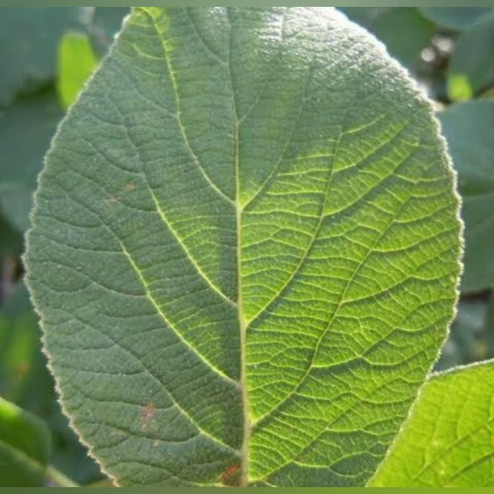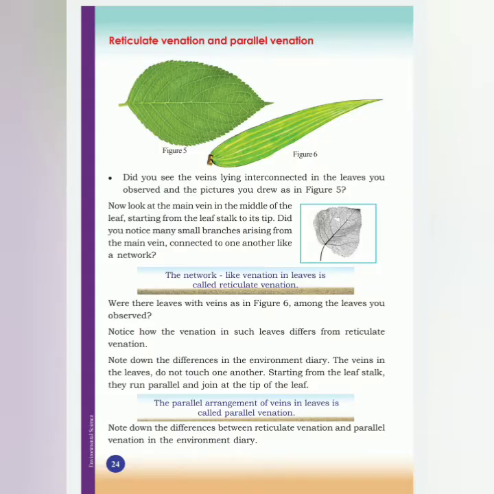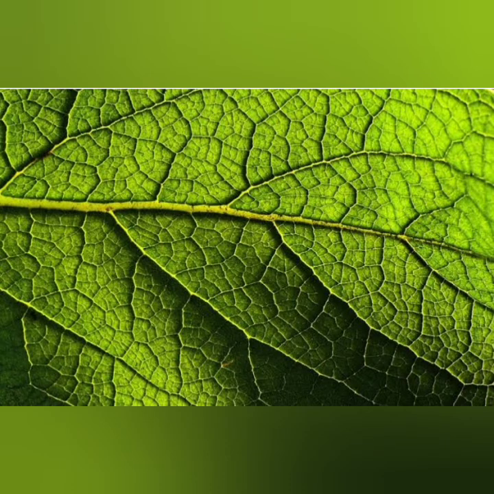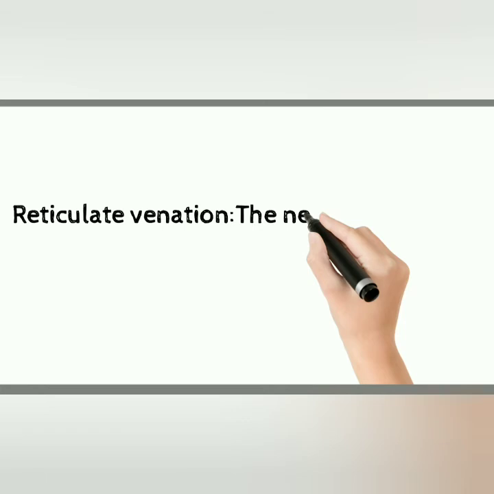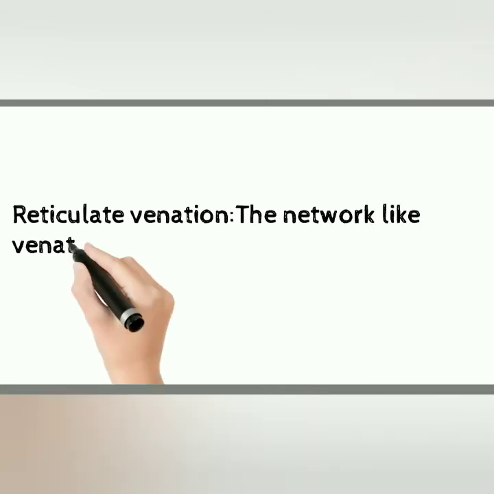So that kind of arrangement is known as reticulate venation. That means the network-like venation in leaves is called reticulate venation. Venation means the arrangement of vein-like structures in a leaf. So what is reticulate venation? The network-like venation in leaves is called reticulate venation.